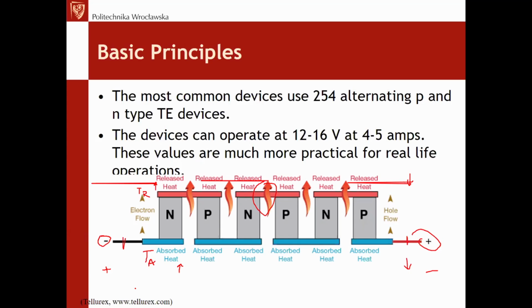But the problem is that if we take some heat from the absorbed side, from the cold side, then the temperature here will start to fall because we take the heat. On the other side, if we deliver the heat to these conductors at the release side, then those conductors will first absorb the heat because of the certain thermal capacitance.